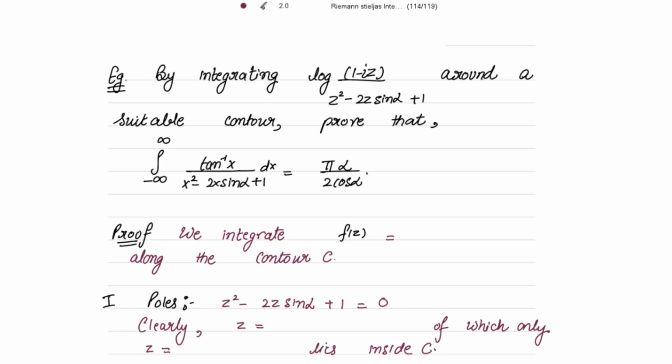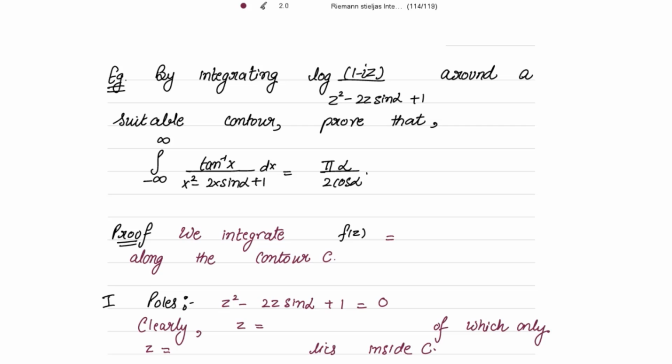So let's start. By integrating log of 1 minus iota z over z square minus 2z sine alpha plus 1 around a suitable contour, prove that the integration from minus infinity to infinity of tan inverse x over x square minus 2x sine alpha plus 1 dx is equal to pi alpha over 2 cos alpha.